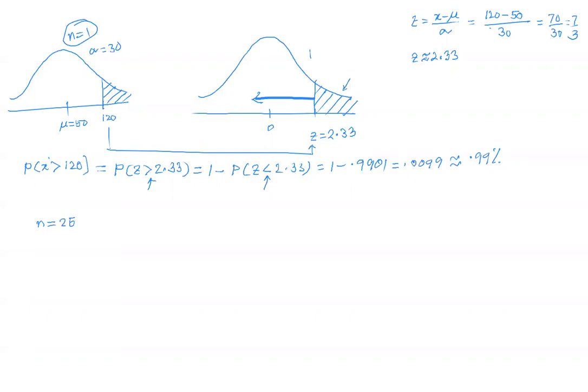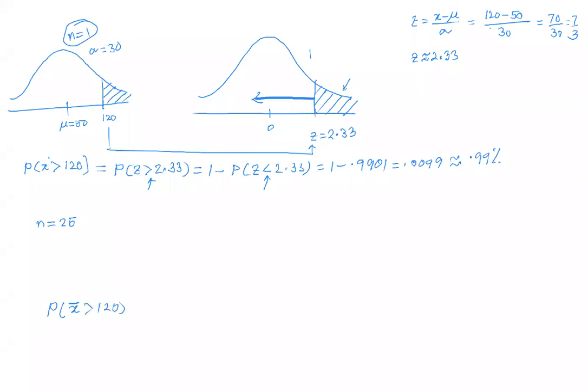So now we want to find the probability that the average of 25 randomly selected people is greater than 120. So probability that x, now you cannot use x anymore. X is for only one person. We are dealing with 25 people. It should be x bar is greater than 120.